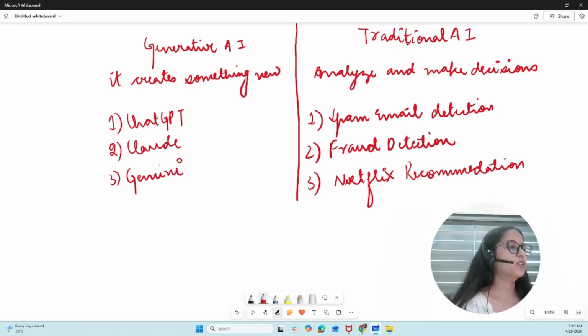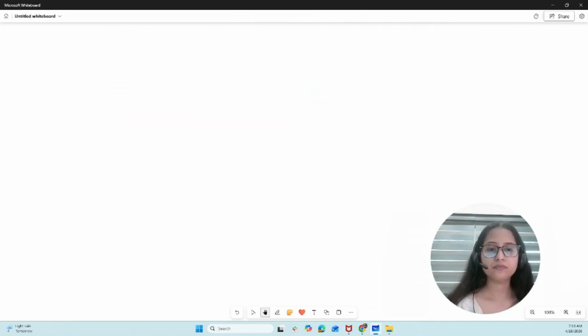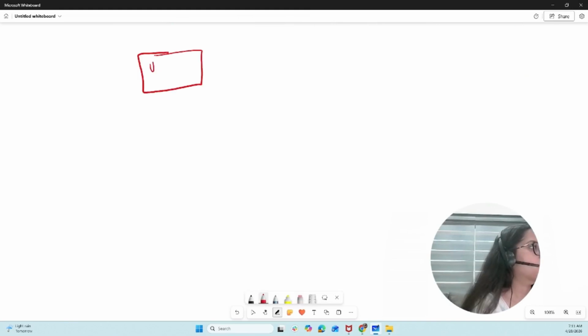Okay, so now we will understand how generative AI works. Let me create something. For example, user input, then we have some model.